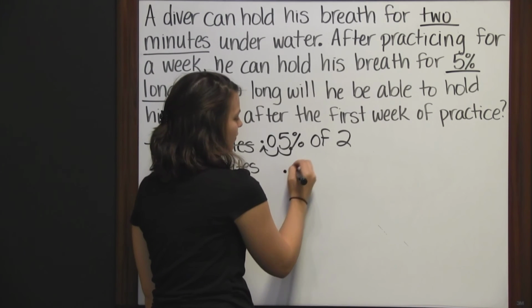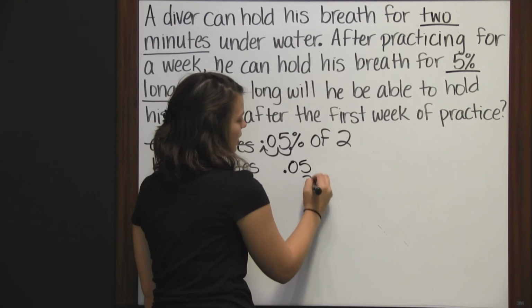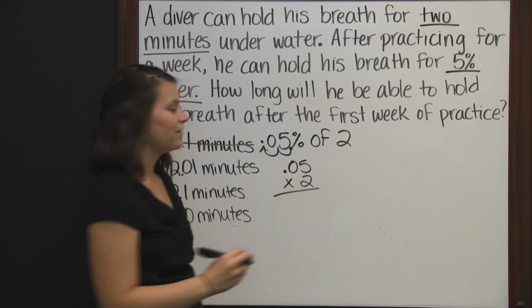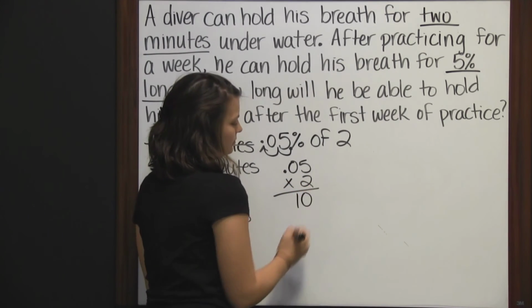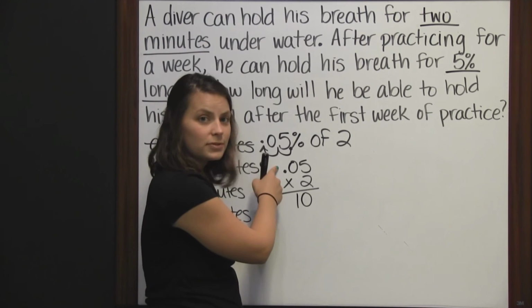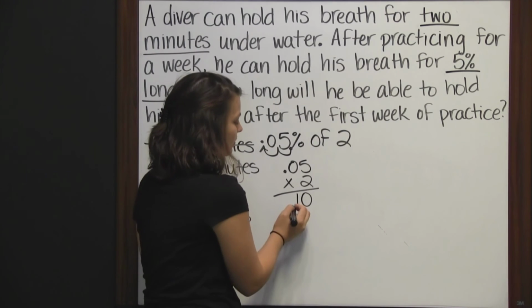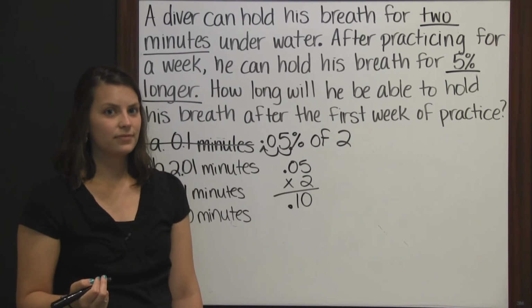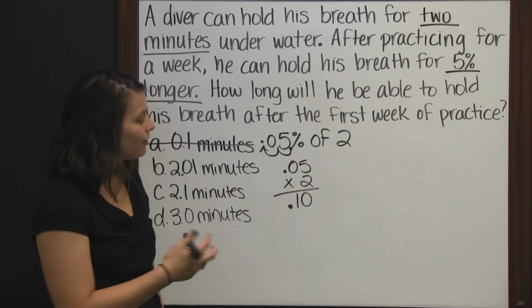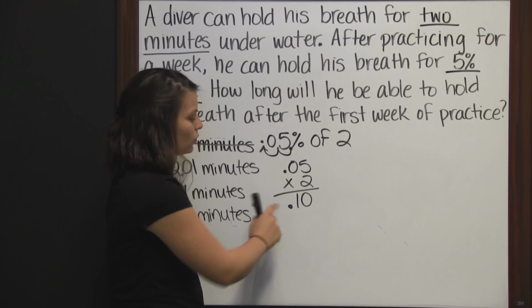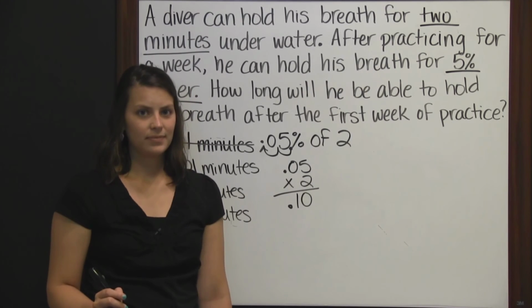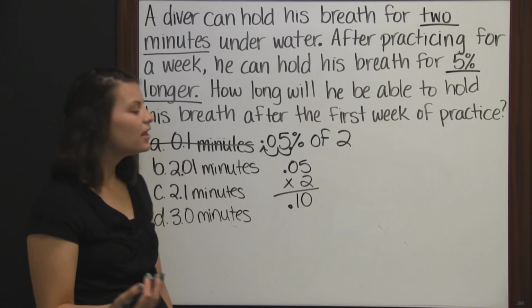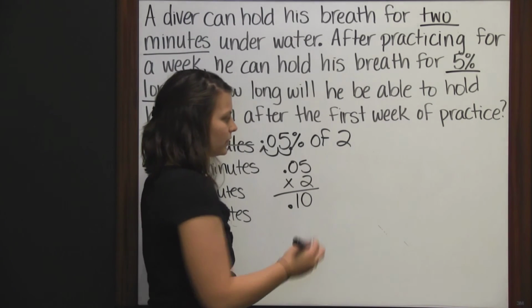So we have 5/100 times 2. 2 times 5 is 10. 2 numbers behind the decimal means that we have 2 numbers behind the decimal in our answer. 5% of 2 then is 1/10. So he can hold his breath 1/10 of a minute longer.